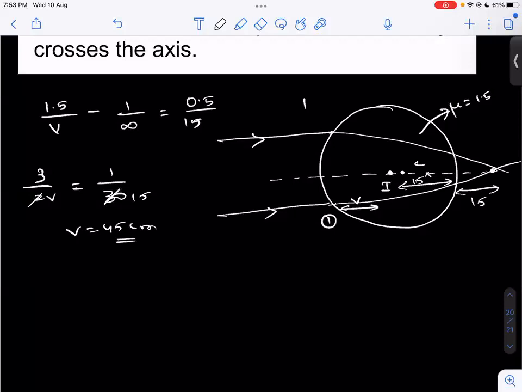So this will start acting as the object for the second refracting surface because it undergoes two refractions. So you need to apply the same formula again: mu2 by v minus mu1 by u is equal to mu2 minus mu1 divided by r.